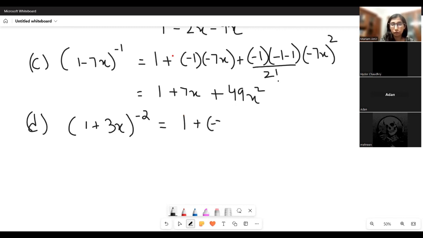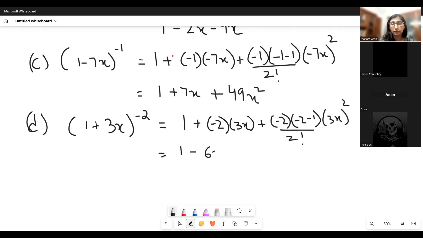So n is minus half, x is 3x, plus n times n minus 1 upon 2 factorial, and then 3x whole square. That gives us 1 minus 6x, and then minus 2 times minus 2 minus 1 times 9 divided by 2 factorial, which is giving me 27x.